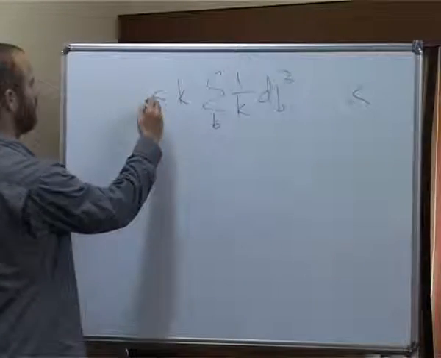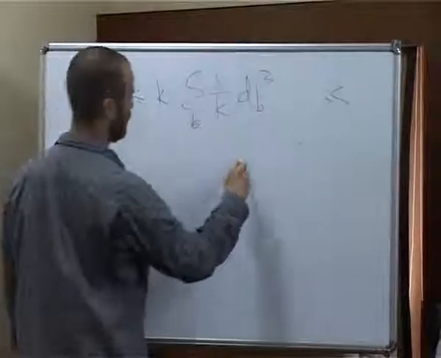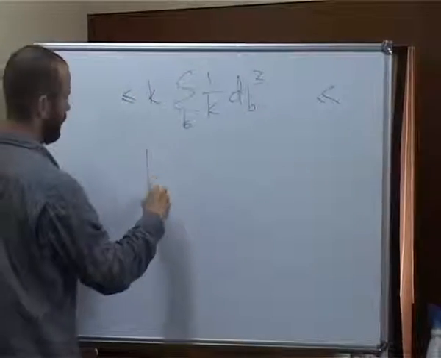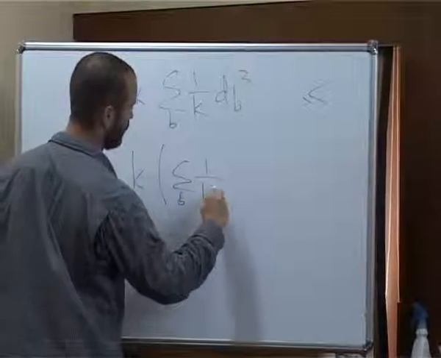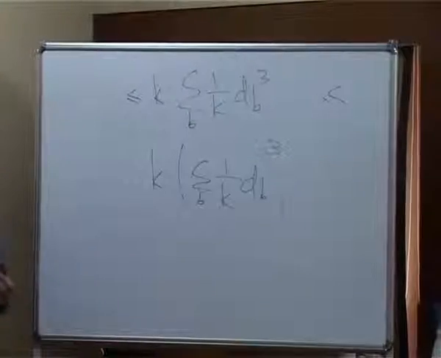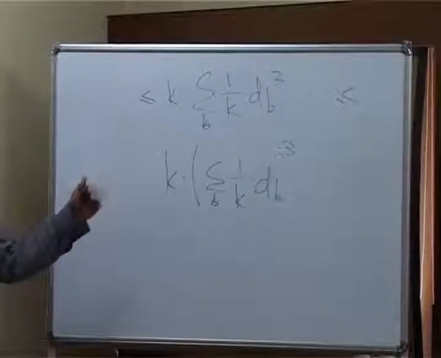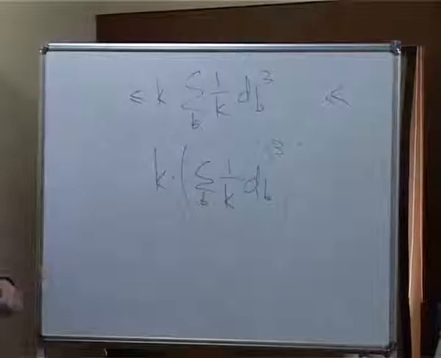So this is at least k times the sum over b of 1 over k d_b, to the power of 3. This is the convexity of this function to the power of 3. So this thing is at least this thing.